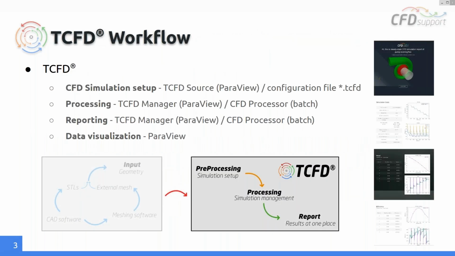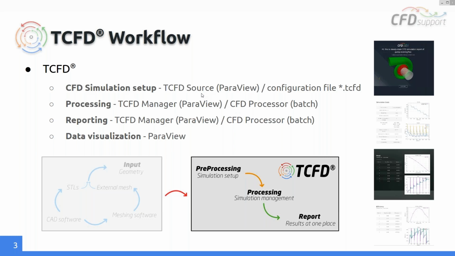So just quickly repeat the TCFD workflow. First of all, we need to have some input geometry or input mesh if we would like to use an external meshing tool, which is not yet part of the TCFD workflow. And then comes the CFD simulation setup, which is the starting point for TCFD. You can choose two options. First is to use the graphical user interface, which is TCFD source.